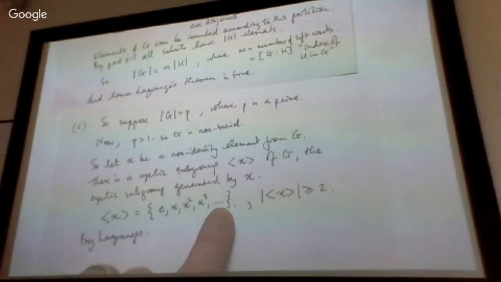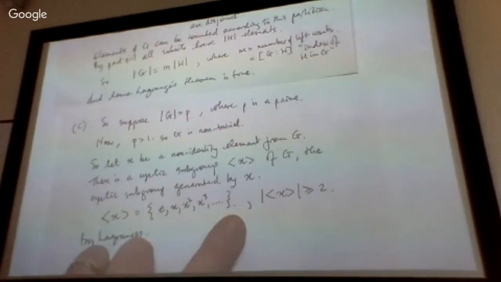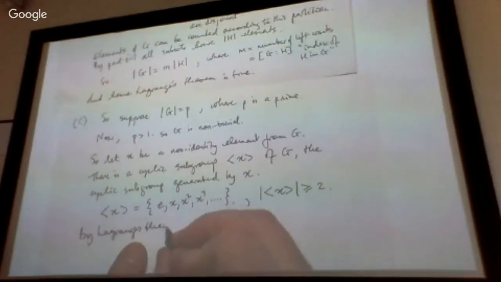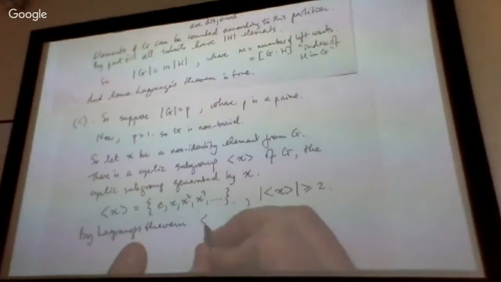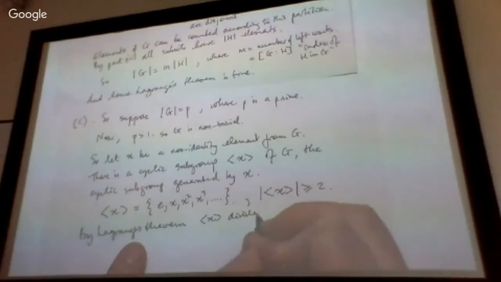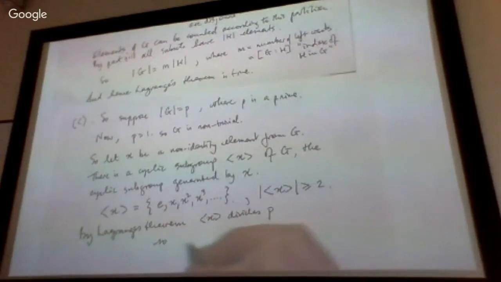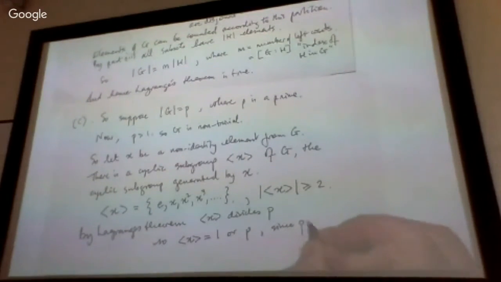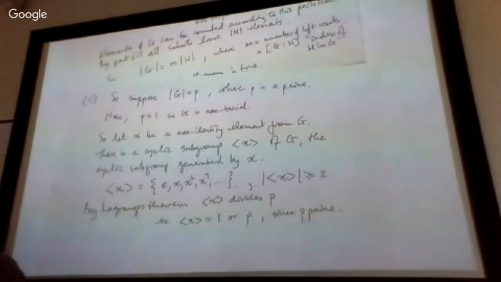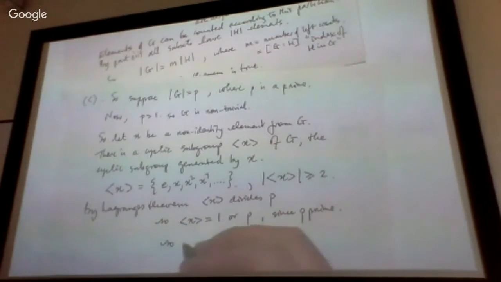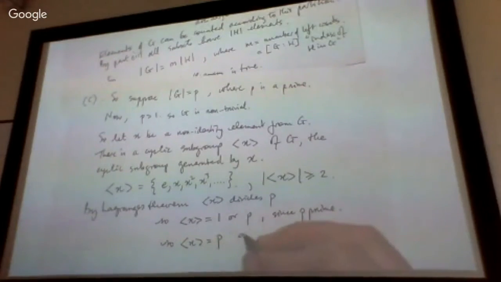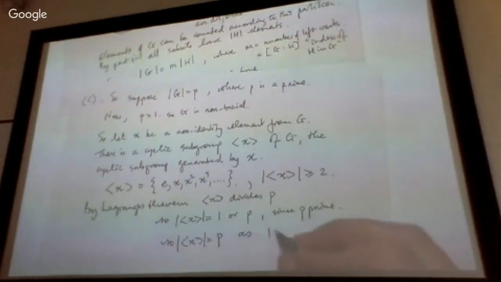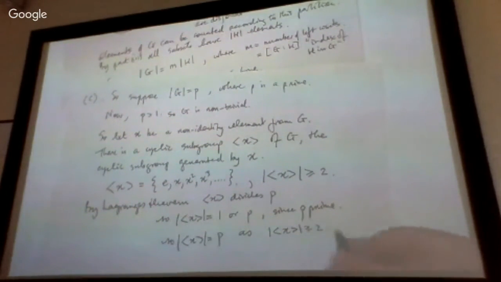It's the last element. So in total you'll have P elements. But we don't know that yet, so we can prove it. By Lagrange's theorem, the order of X divides P. P is prime, and prime numbers only have 2 positive divisors, so the order of X is 1 or P. We've already remarked that the order of X is bigger than 1.